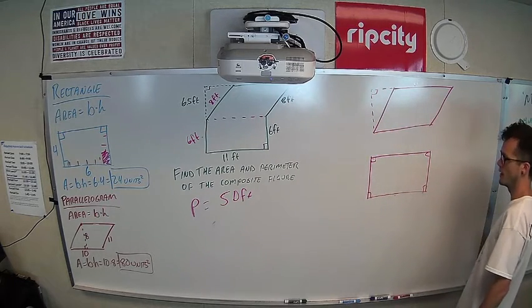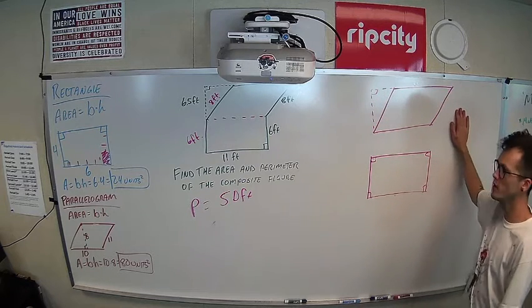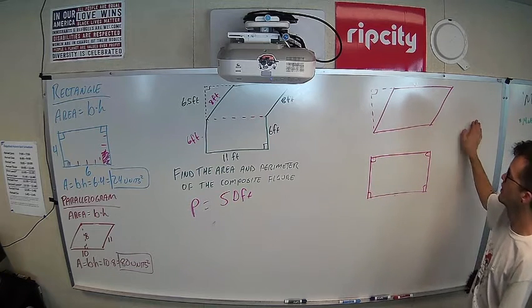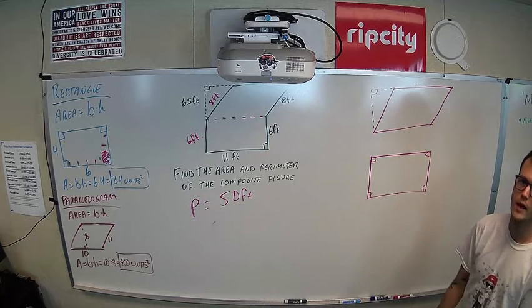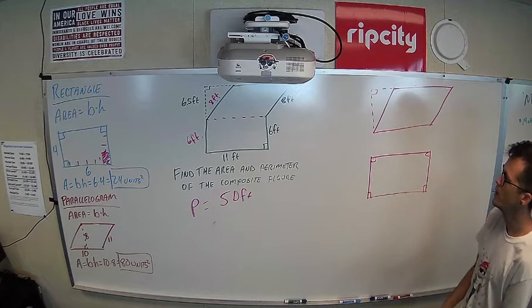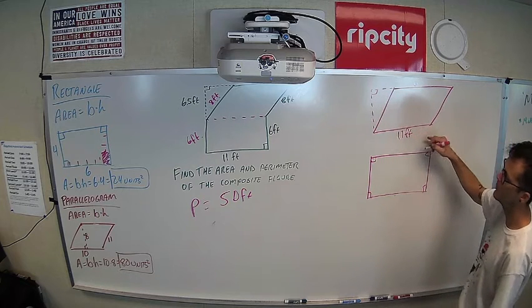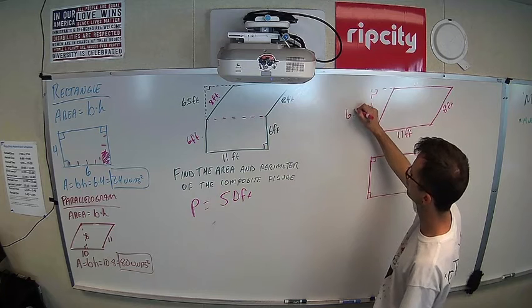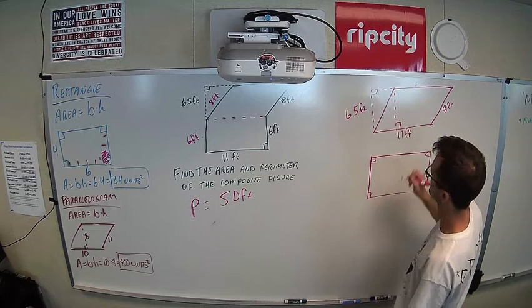Okay, moving forward now, finding the area. What we're going to do to find the area is separate our two shapes that we're familiar with. We're going to use our two formulas that we started out with. Find the area of the top one, find the area of the bottom one, and just smash them together and add the results. We can fill in what we know up here with the parallelogram. Again, we have an 11-foot base, we have an 8-foot side, and then our height is listed out to the side, which is a little awkward, but really it's the same distance as this thing on the inside.